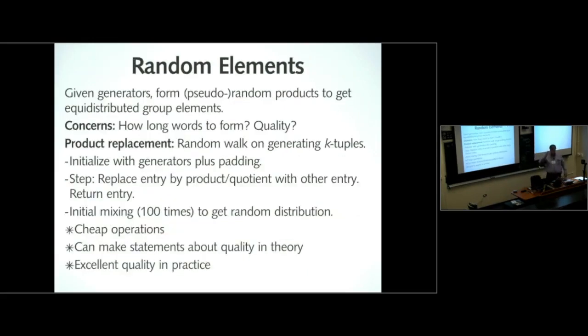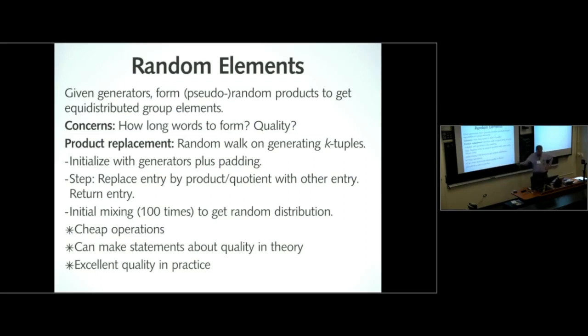Before going there, I very briefly want to talk about random elements, because a lot of the methods which we are going to use involve random elements. If we have a group given by generators and we want a random element of the group, we need to form a random product of the generators.